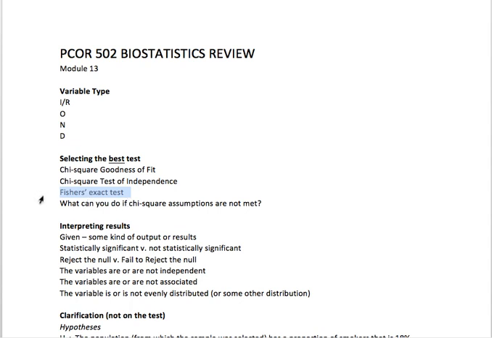The final piece where a lot of questions actually come from is related to interpreting results. Now what happens is you'll be given some kind of output or the results section of a paper, and you'll be asked on a variety of different levels how to interpret that.